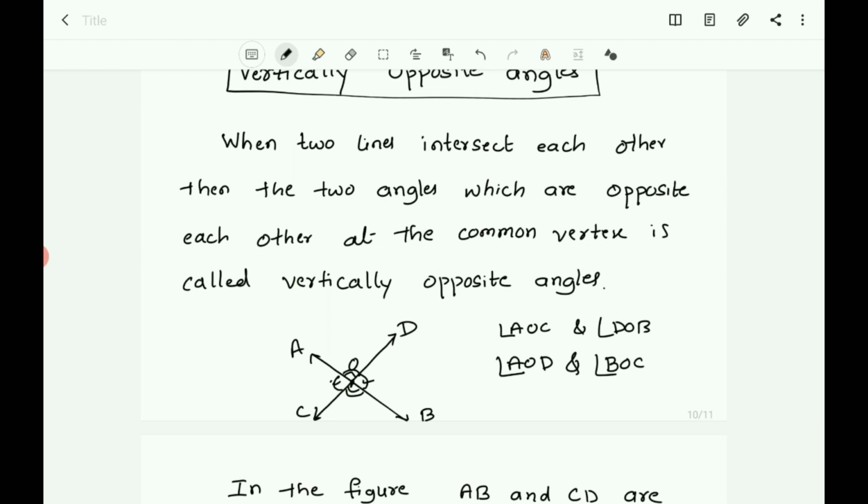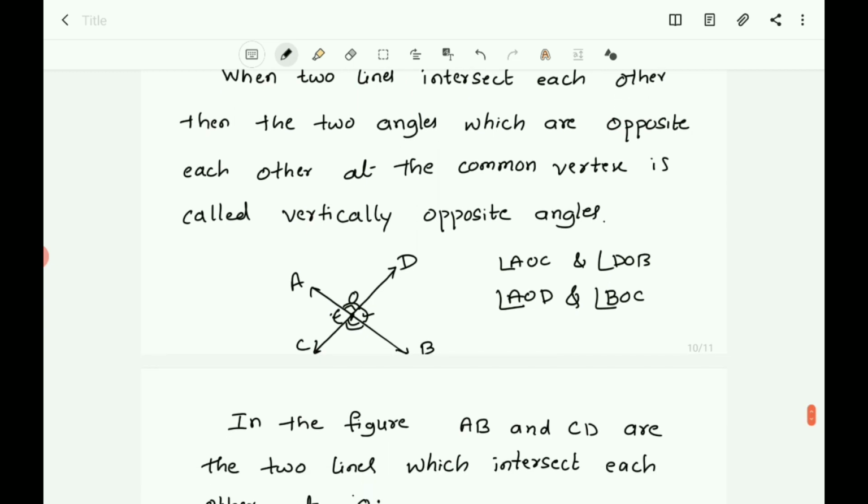At that intersecting point, there are two pairs of opposite angles, and both pairs are pairs of vertically opposite angles.